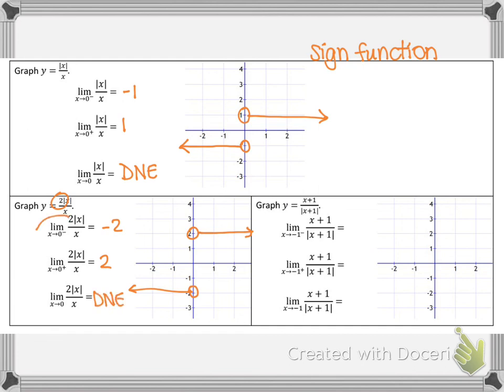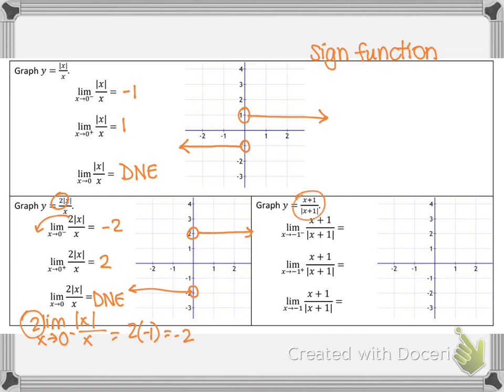We could actually do this algebraically. You could pull that 2 out in front, and 2 times the limit as x approaches 0 from the left of absolute value x over x. So you could have 2 times -1 and get -2 that way. So that constant, if it's multiplied to the entire function, you can just bring it out in front of the limit and find your limit that way.